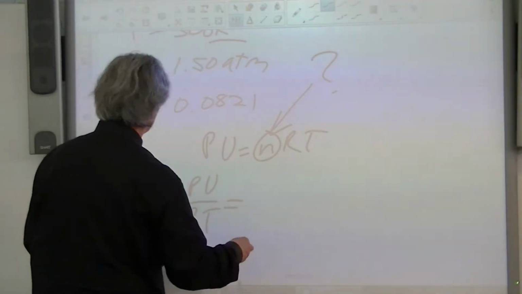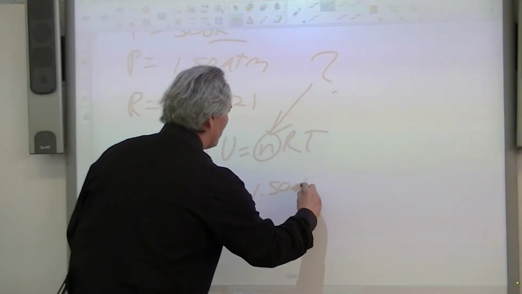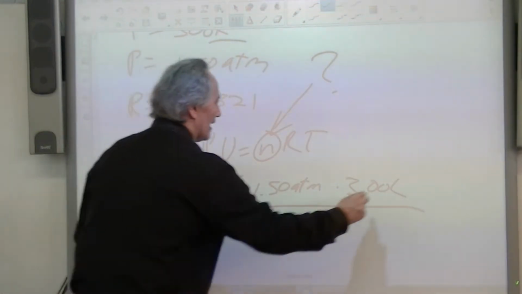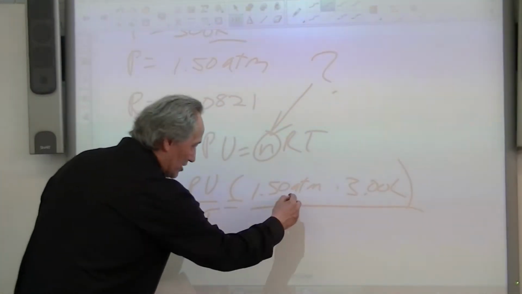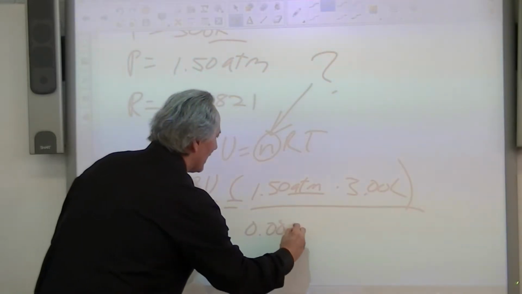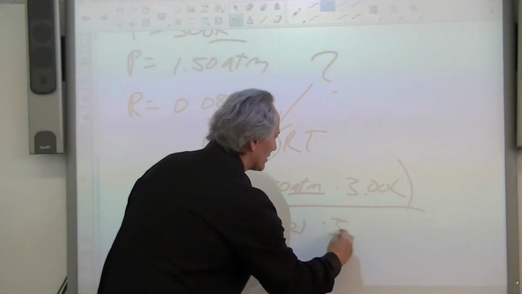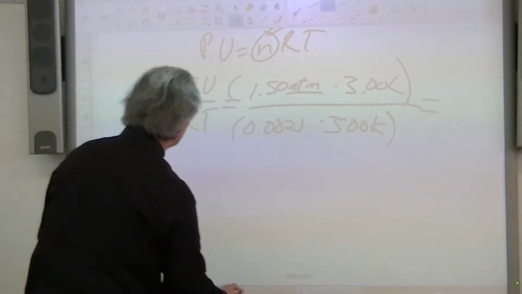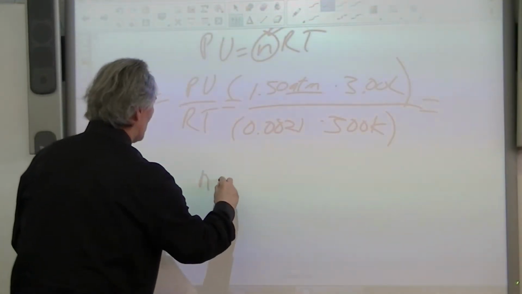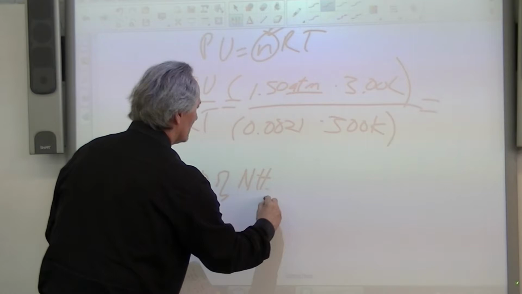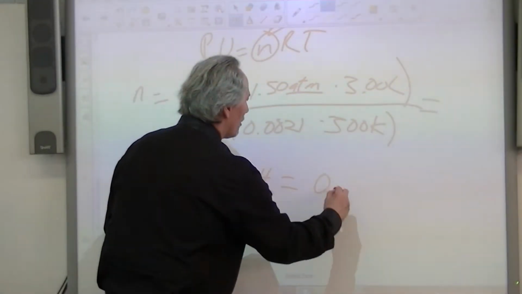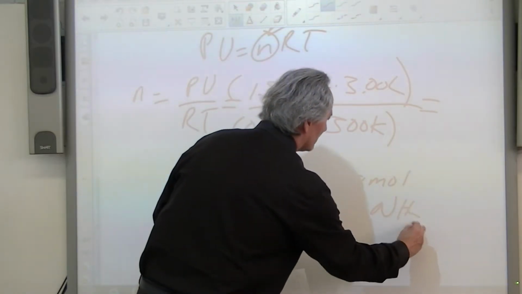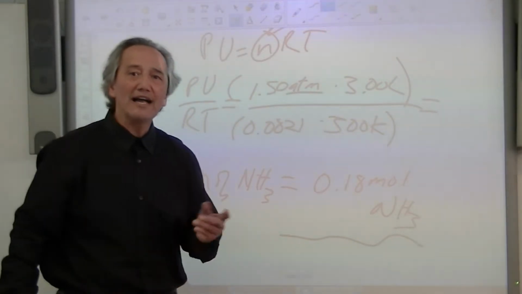We were given 1.50 atm, times our volume, 3.00 liters, divided by our gas constant based on atm, 0.0821, times our temperature of 300 K. We can do a calculation on this, and we come to a value for the number of moles of NH3 of 0.18 mole of NH3, or ammonia. And we've utilized the ideal gas law to calculate it.